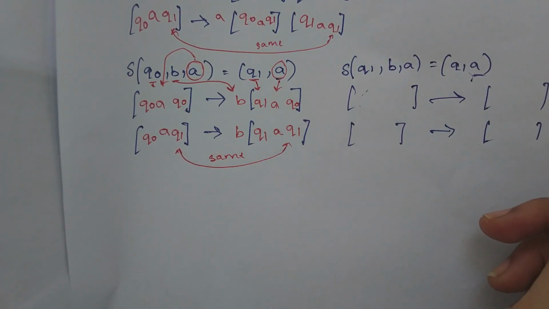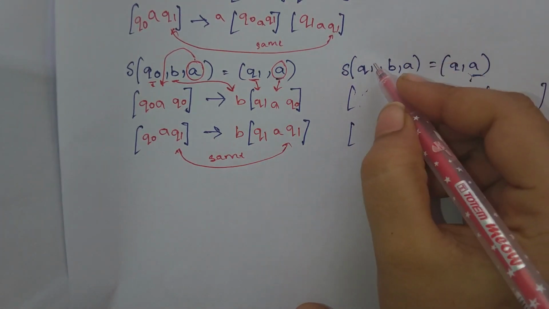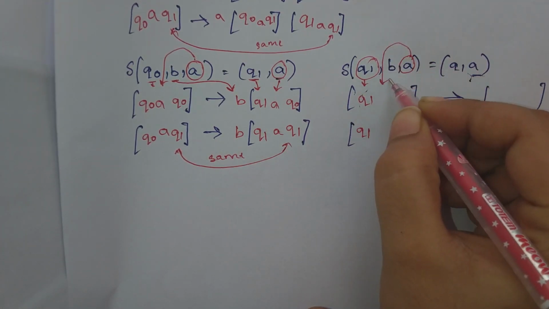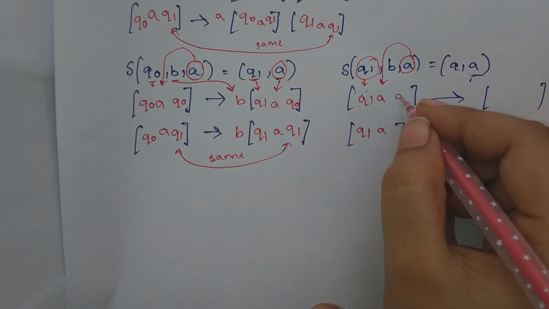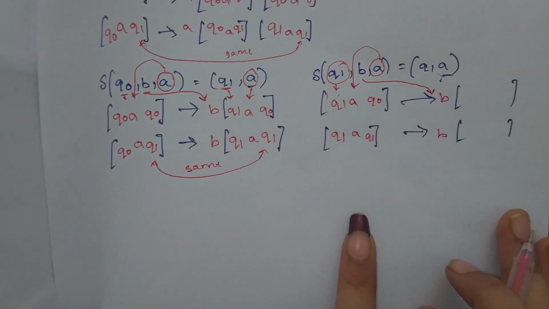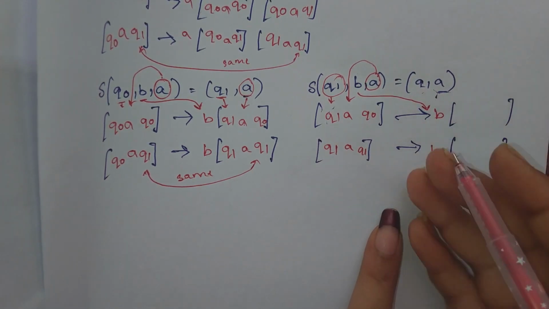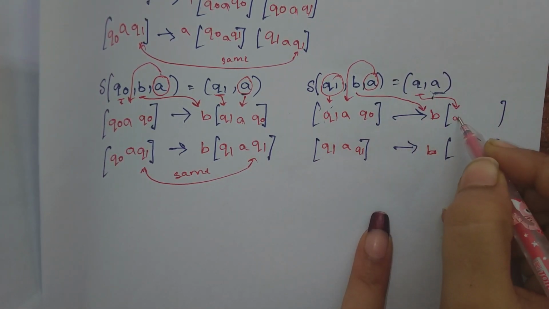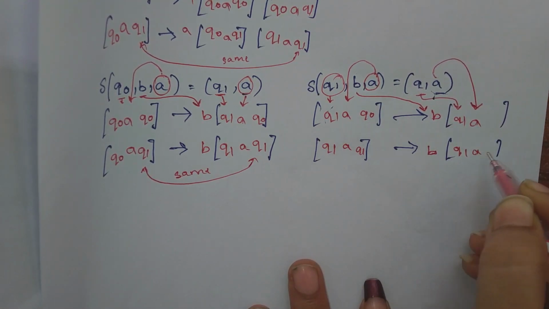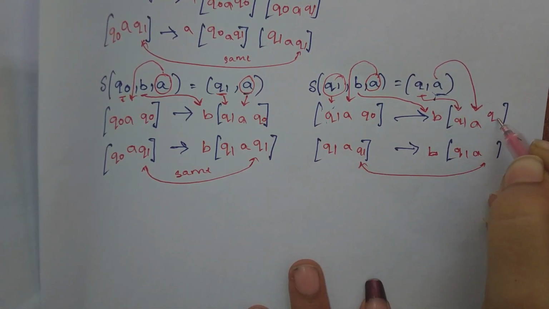So the first symbol is written as Q1, Q1, and the last symbol is written in between, A. As it is 2, we'll get only Q naught and Q1. Next Q1 comes here, Q1 comes here, and after that we have only one A. So these 2 symbols are the same. Then we'll get Q naught and Q1.